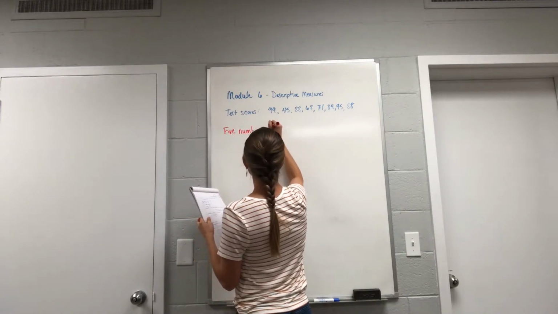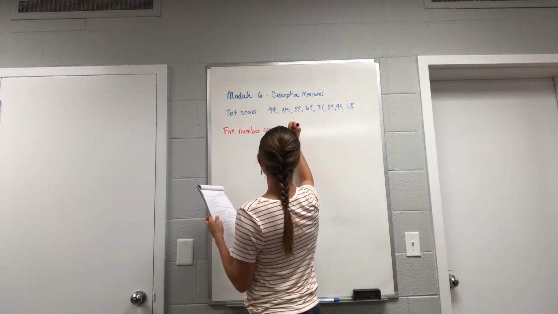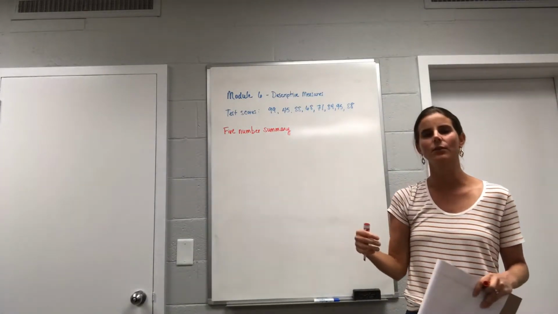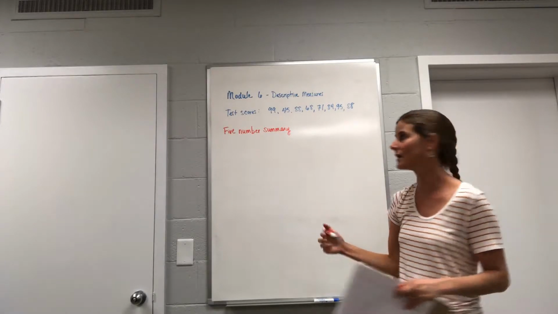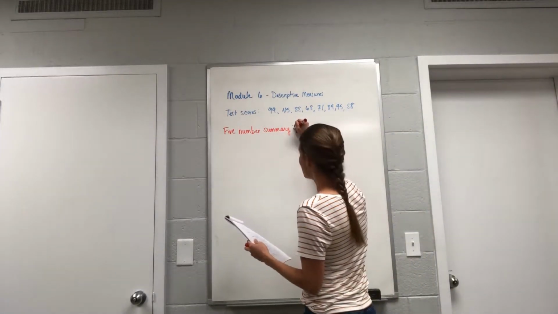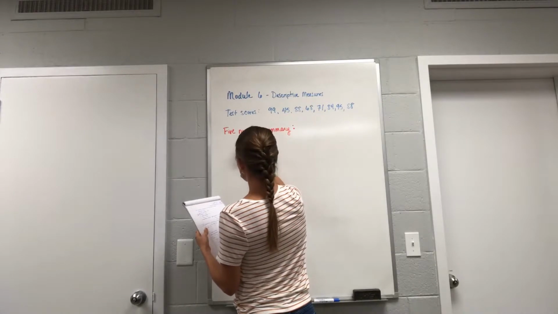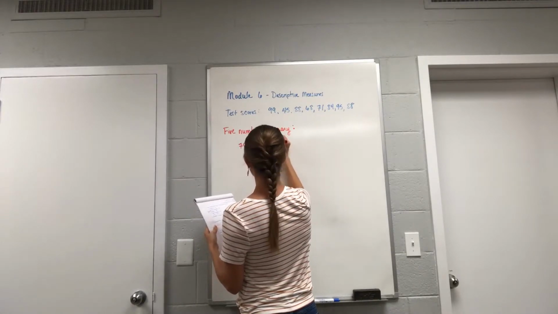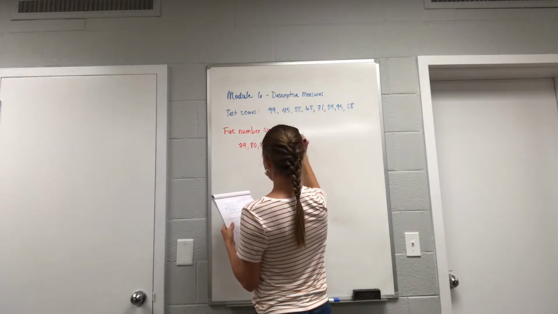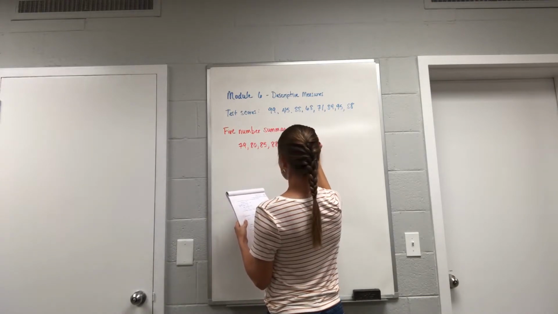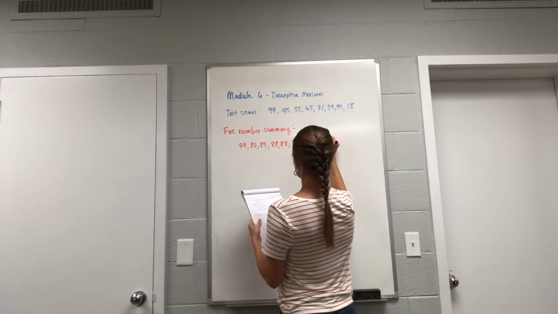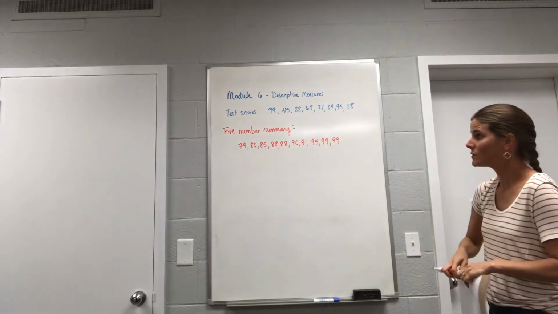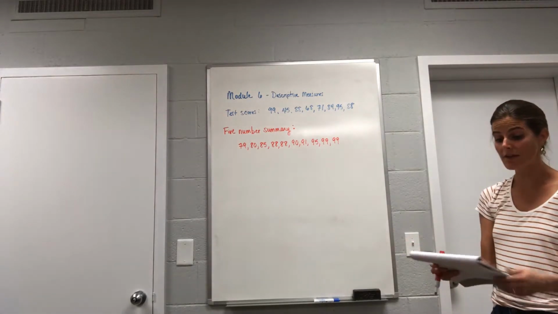It's just 5 numbers that you use to give you an idea of what that data set looks like in general. So I'm going to give you 10 scores. All right, so I've got 10 scores here. Now we're going to find the 5-number summary for this.